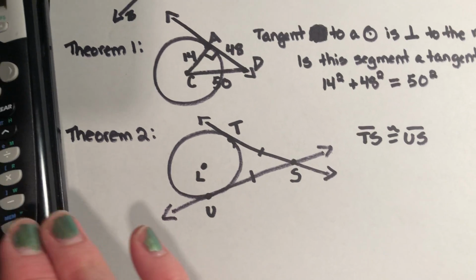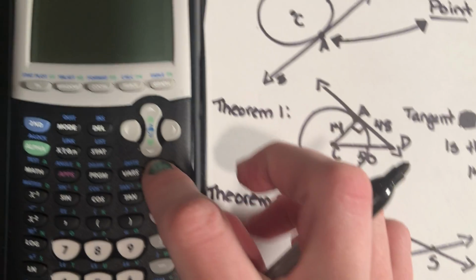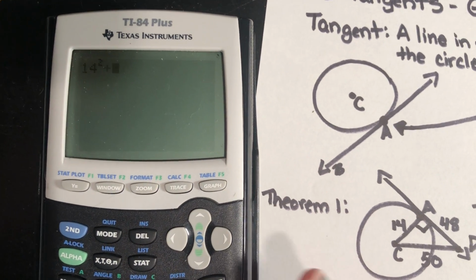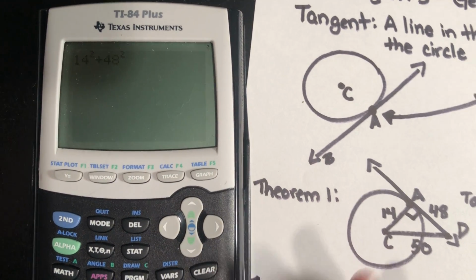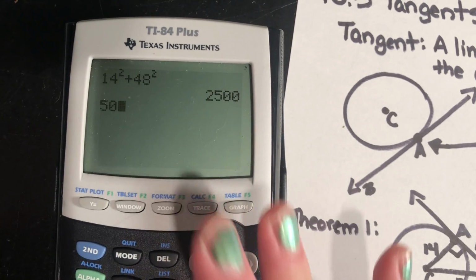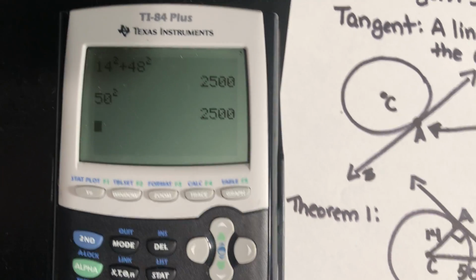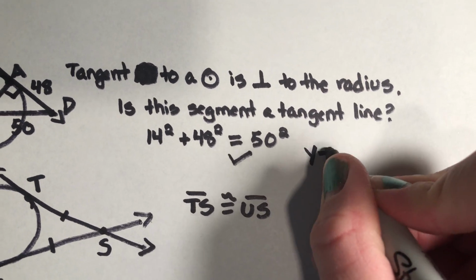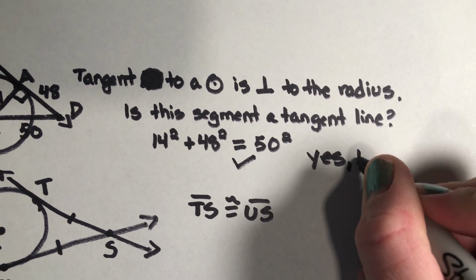So we have 14 squared plus 48 squared equals 2,500. All right, what about 50 squared? 2,500. So this checks out. So yes, this is a tangent line.